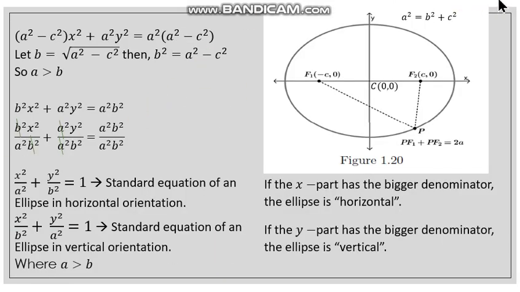So again, a squared minus c squared becomes b squared. From here, the quantity (a squared minus c squared) times x squared plus a squared y squared equals a squared times the quantity (a squared minus c squared). We will replace it with b squared. So we have b squared x squared plus a squared y squared equals a squared, and then this one is b squared.